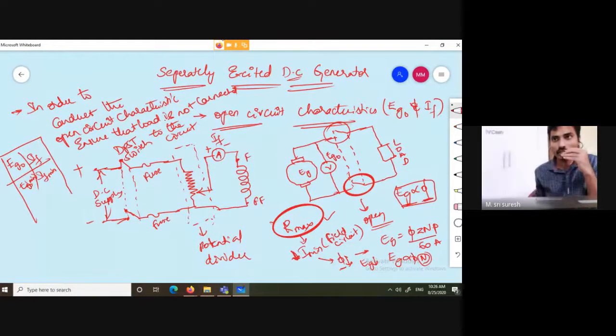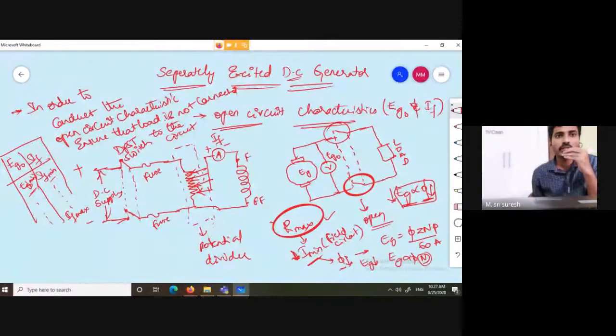So if the phi value is reduced, the EG value will also reduce. At the time of starting, the IF value is minimum, and due to that, the EG naught value is also minimum. By varying this potential divider in steps like this, we can get the maximum values.